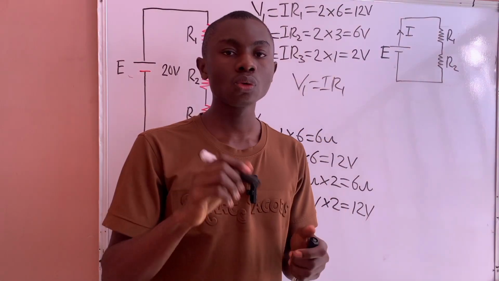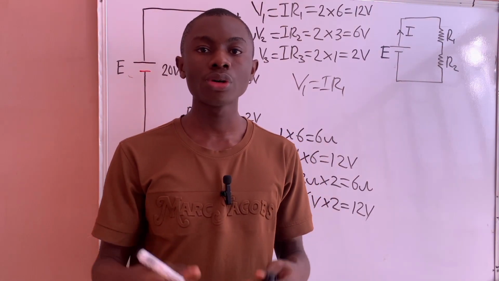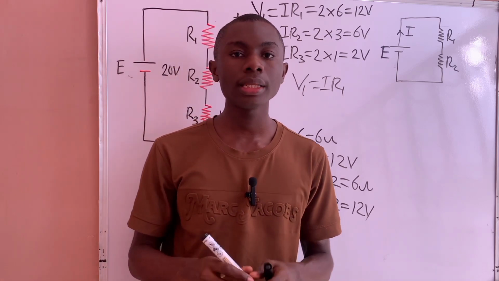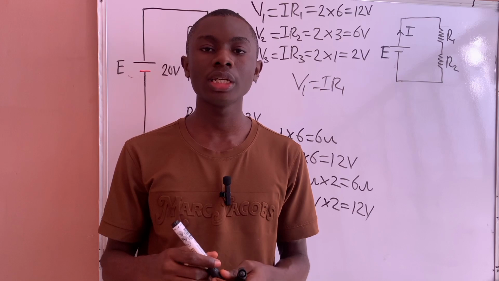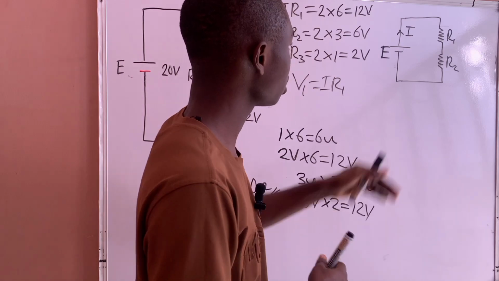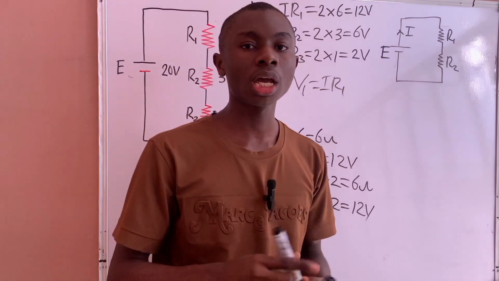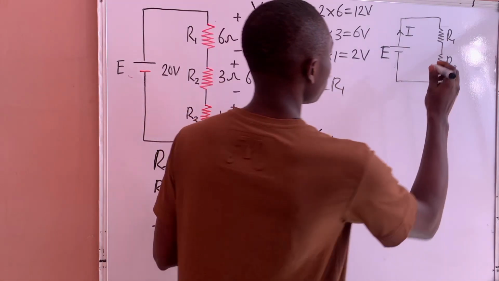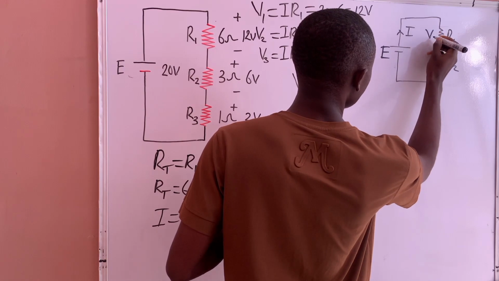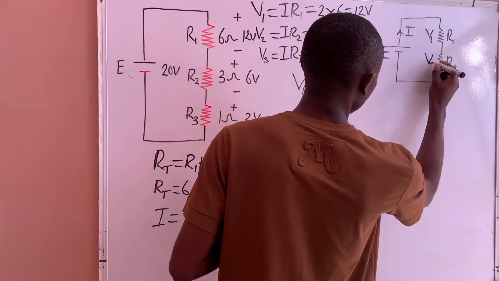All we need to do now is record the properties or behavior of a series circuit. We know that in a series circuit, current is the same. It is this supply current that flows through resistor R1 and resistor R2. The voltage that drops across R1 will be V1, while the voltage that drops across R2 will be V2.